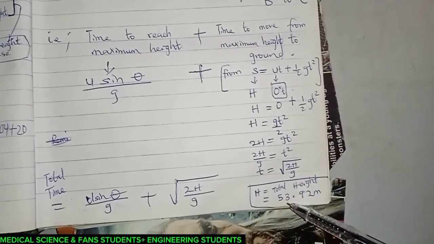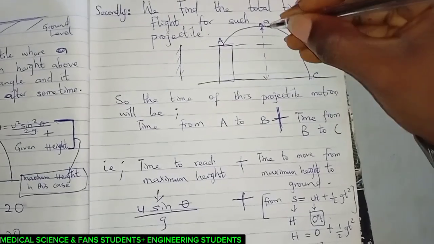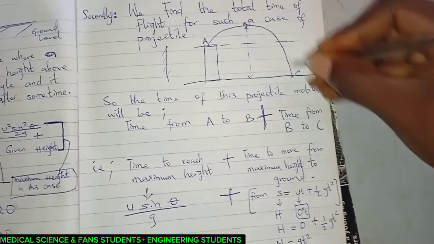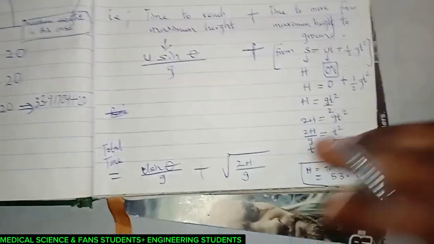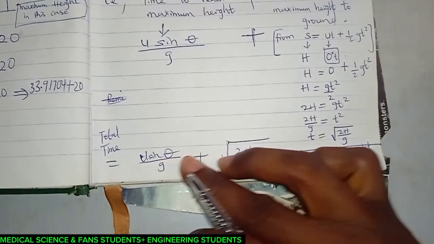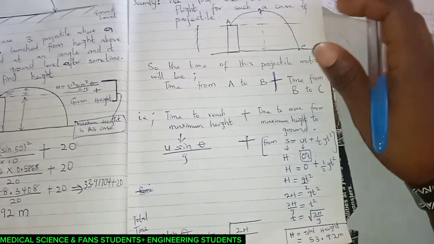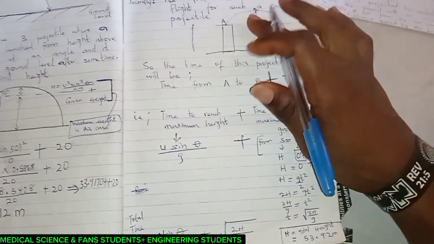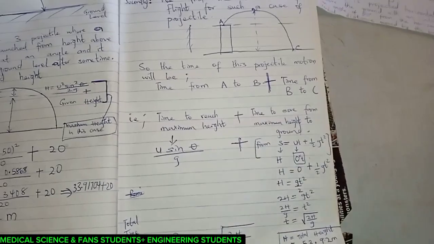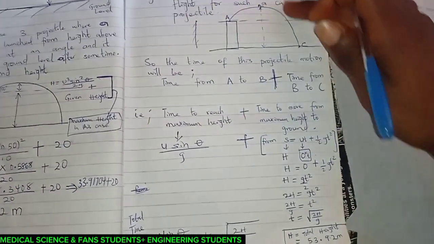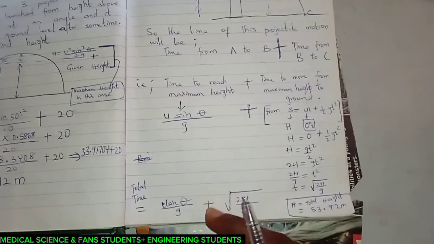And remember that the height here is 53.92 because it covered the whole height from this point to this, so you cover the total height. So when you put it together, this is the formula for time of flight in this type of projectile question. So anytime you get a question under projectile that involves going from a height and then coming down, this is how you find the total time of flight.